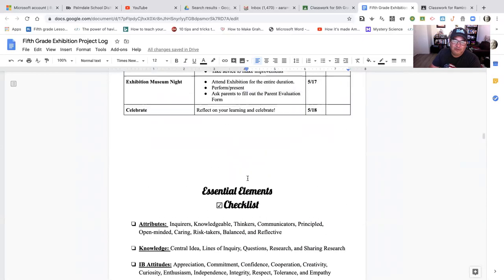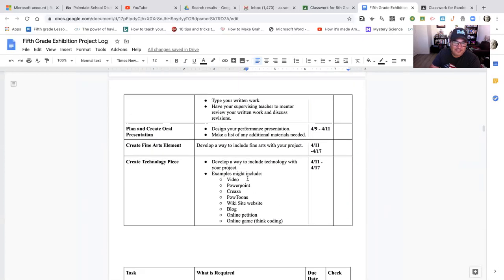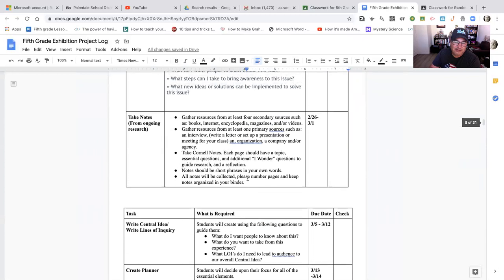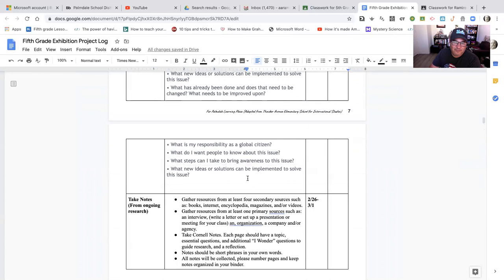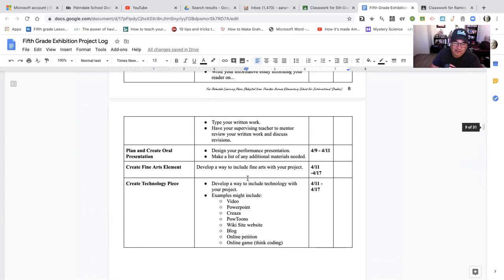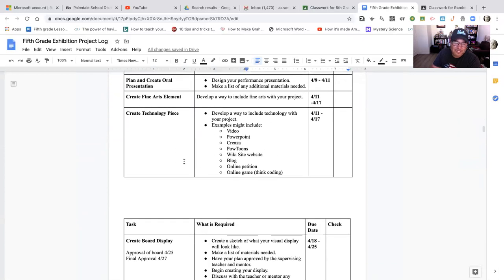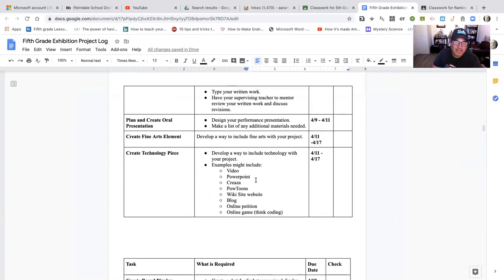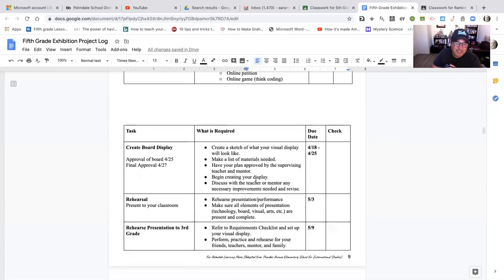Okay, so you're there and you've done all of this stuff here, this section which explains to you, from the beginning all the way down to the end, this timeline. Well, if you've done everything you're supposed to, then you're on this section where you're planning and creating your oral presentation, the technology piece, the board display, which can be electronic also.